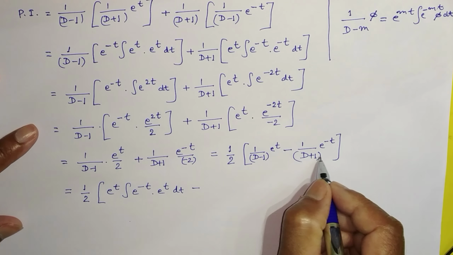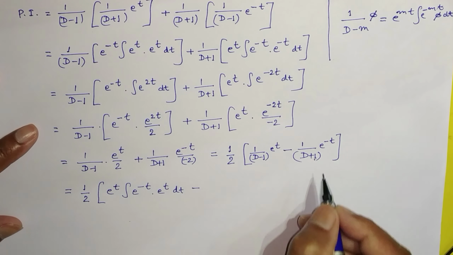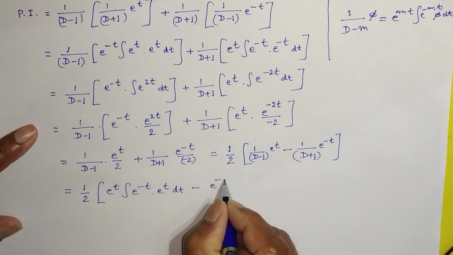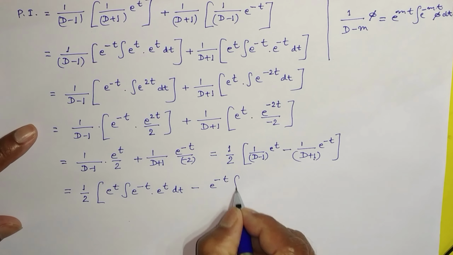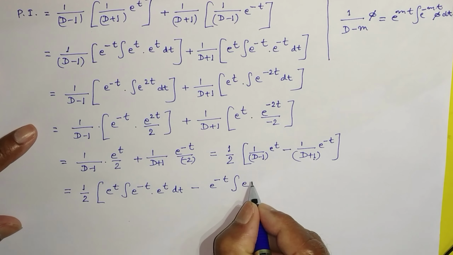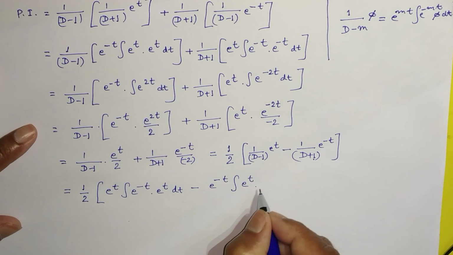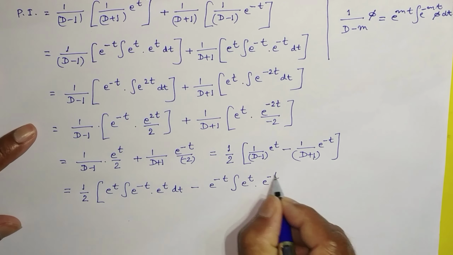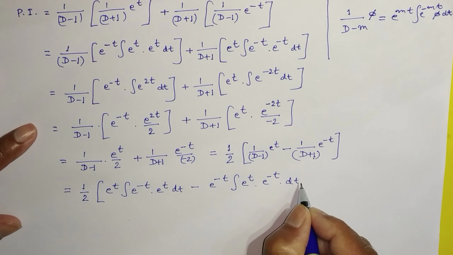Now this term, here m equals minus 1, so we have to write e raised to minus t integral e raised to t, and the function is e raised to minus t dt.